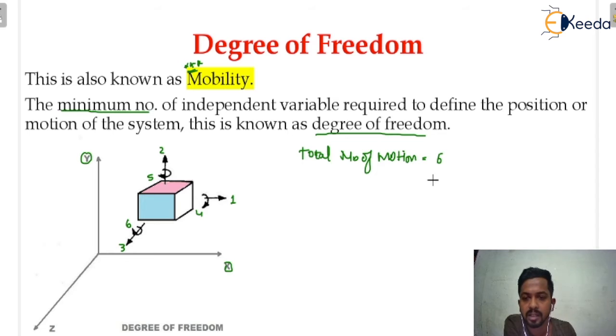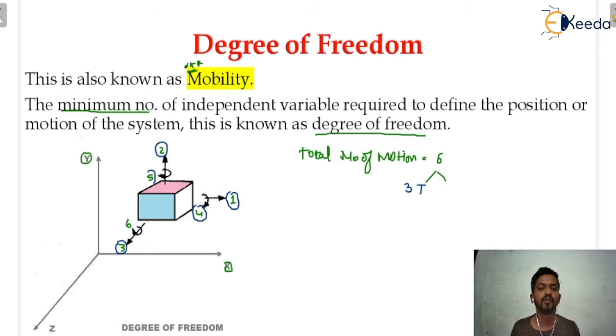Now we can classify it. Out of 6, there are three motions which are translatory motions: 1, 2, and 3. So I can write here 3 motions are translatory motions, and remaining 3, that is 4, 5, and 6, these 3 are the rotatory motions.